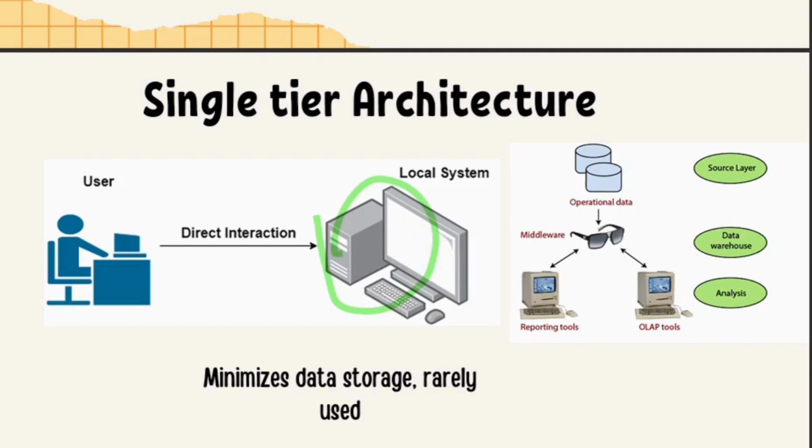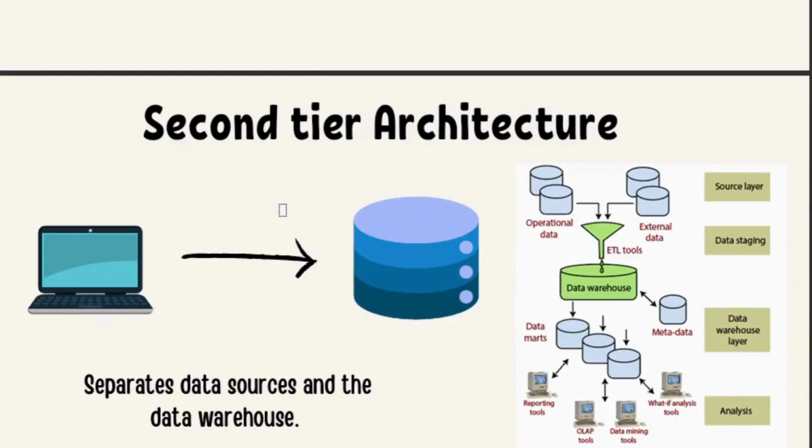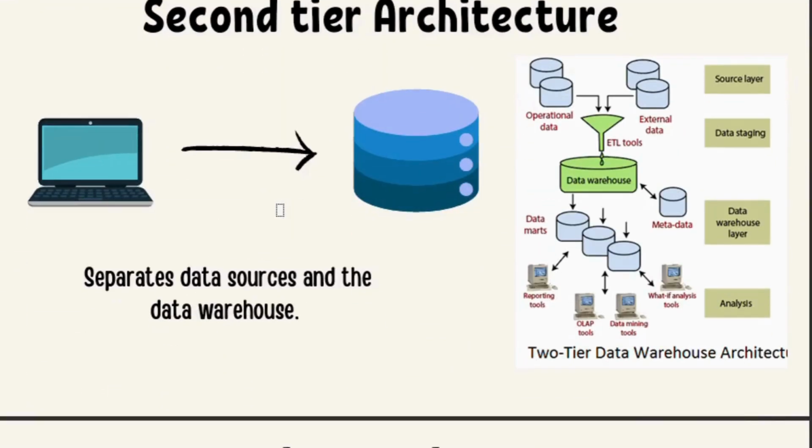Now let us look into the two tier architecture. To understand it, let's take an example of a bigger shop where you have a separate stock room. The owner keeps the stock in the back and serves the customer in the front.